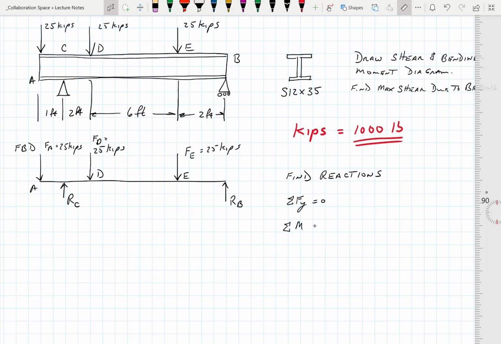So sum of the moments about RC could be kind of cool, or you could do sum of the moments about RB. Doesn't really matter, just which way do you want to go. I tend to work left to right, but you could work right to left and be all hunky-dory. Actually, let's do RB just because. Defy the convention.